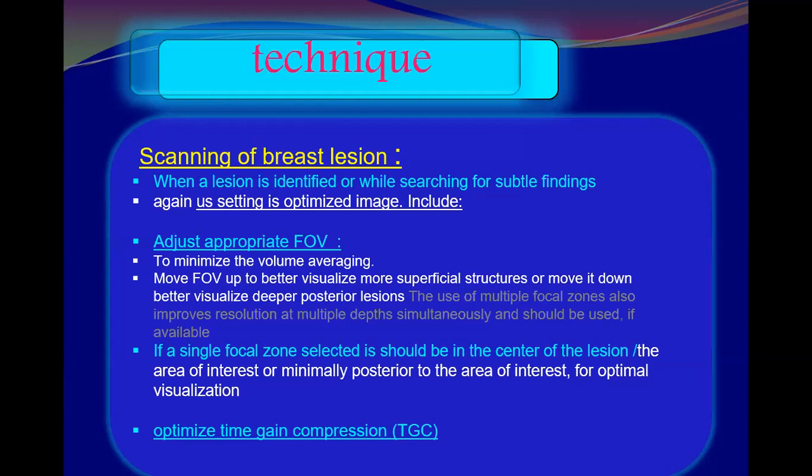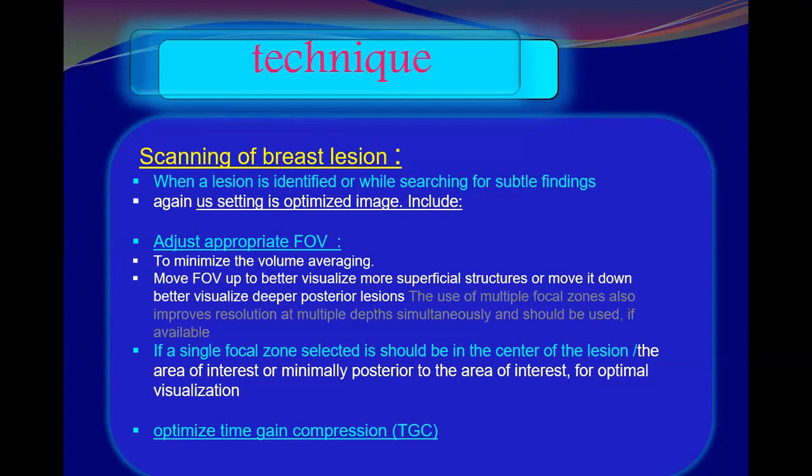And if we have multiple focal zones, it will help us to show multiple depths simultaneously, more clear and more sharp. But if we have a single focal zone, then we need to center it at the lesion or the area of interest, or slightly behind it, to make it sharp.